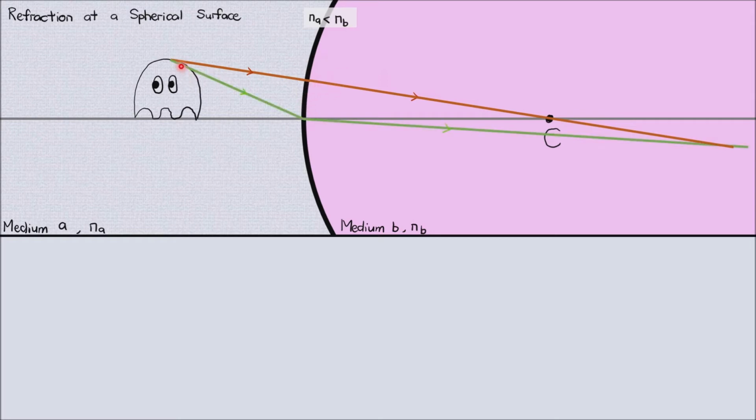Second one will be a ray coming from the top point of the object and striking the vertex of this spherical surface. If you strike on the vertex, then this optic axis here will be our normal line already, because the optic axis is extended from the center of curvature and it passes through this vertex. So it is itself a normal line already.